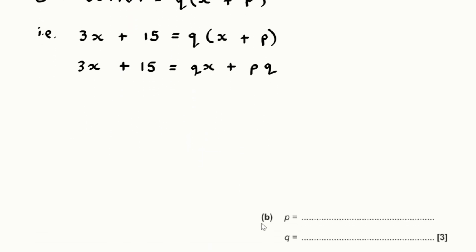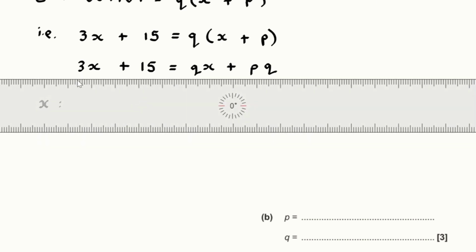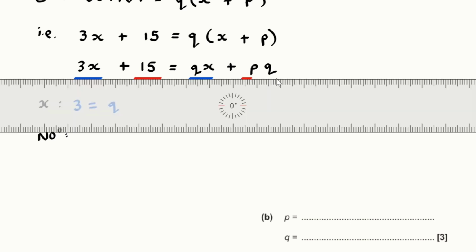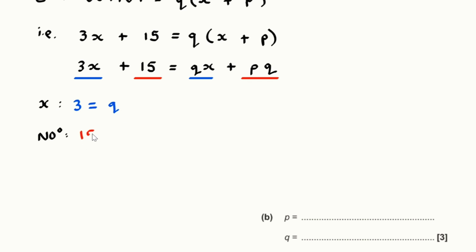Now if I compare coefficients by taking a look at the x's, I've got 3x which is equivalent to qx, so I've got 3 which equals q. And if I take a look at the numbers, I've got 15 which is the same as pq. So 15 equals pq, knowing that q is 3, I've got 15 equals p multiplied by 3, so p is therefore equal to 5.